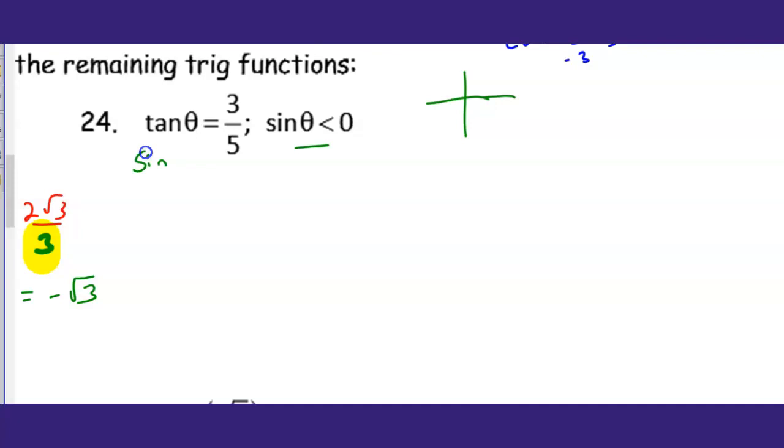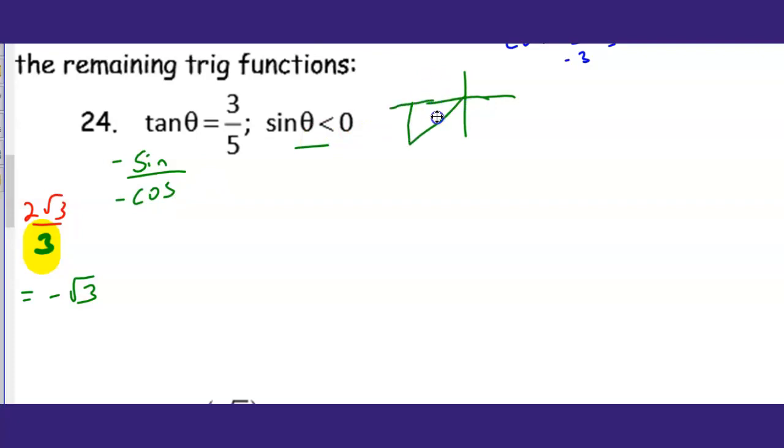If you remember, tangent is sine over cosine, right? So we know this is negative. It told me right here. Well, this is positive. So for this to be positive, I need a negative over a negative. Negative over negative is positive, right? So that means cosine is negative as well. So where's sine negative, cosine negative? It's in this quadrant right here.